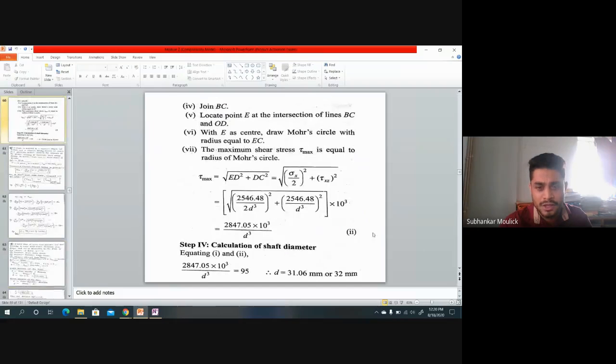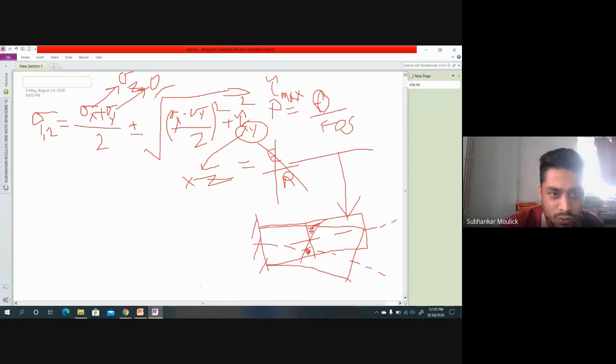And this root value is your maximum shear stress. Is it clear?